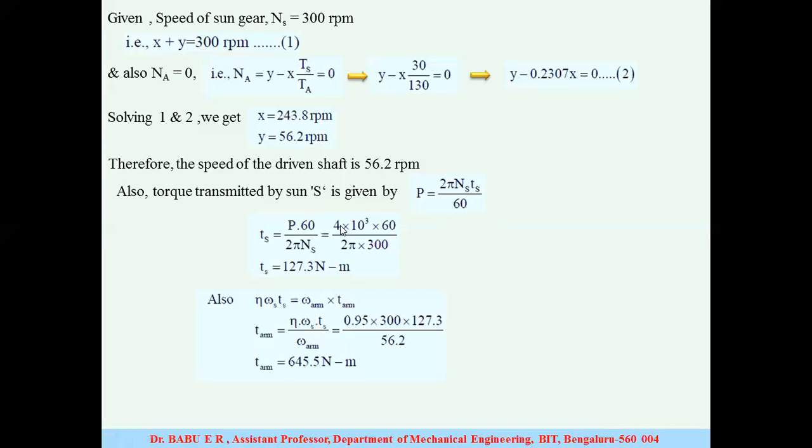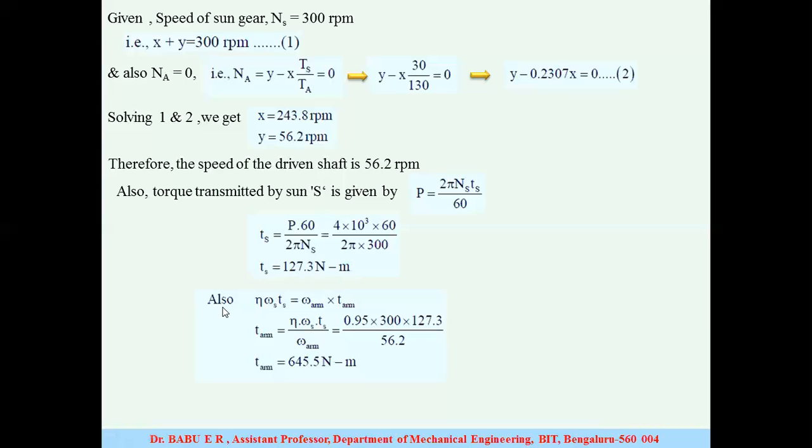Power is given as 4 kilowatt, so 4 into 10 to the power of 3 into 60 divided by 2 pi into the speed of the sun gear, 300 rpm. From this, you will get the torque on the sun gear, which equals 127.3 Newton meter.